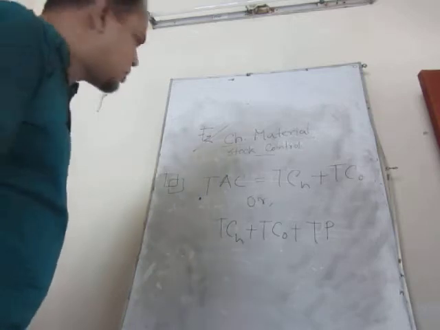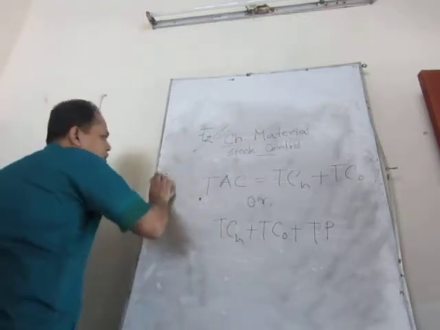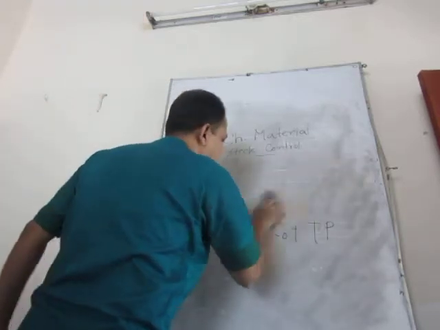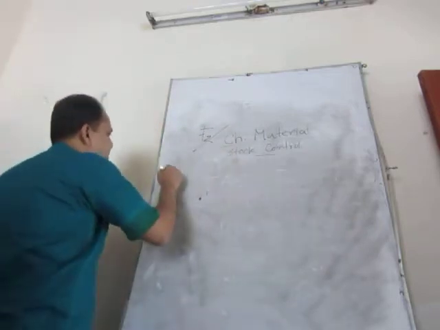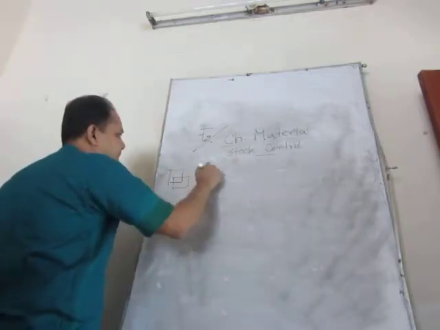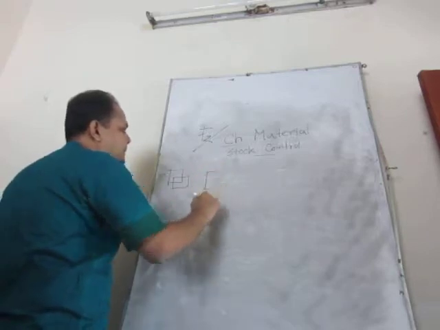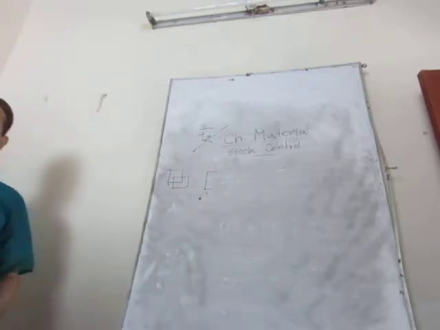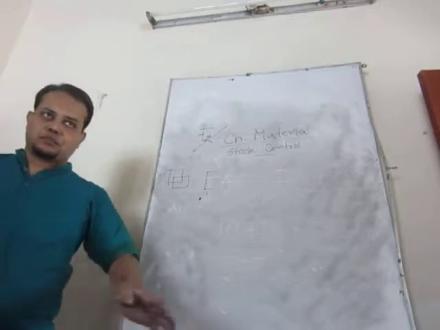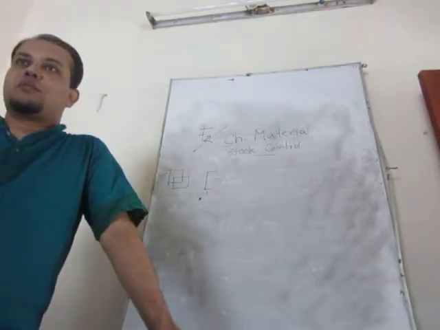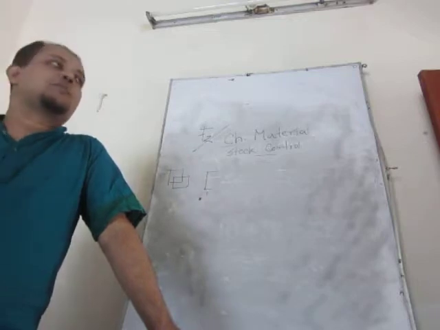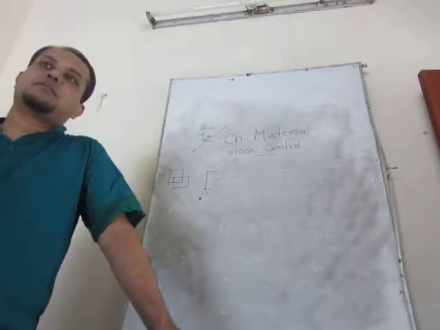Now the question is, purchase price or ordering price? Suppose you are purchasing plastic as a kind of raw material for your pen from a supplier.